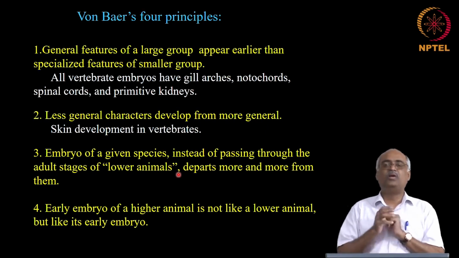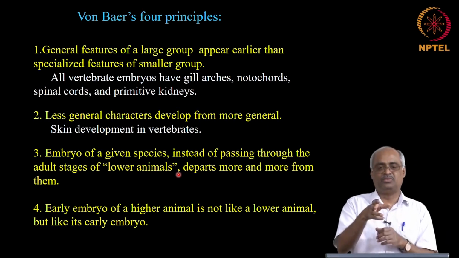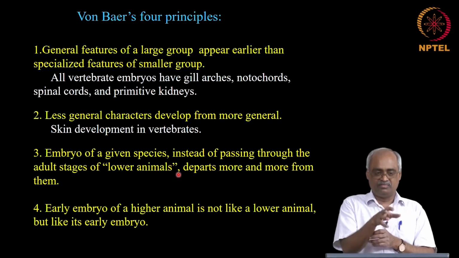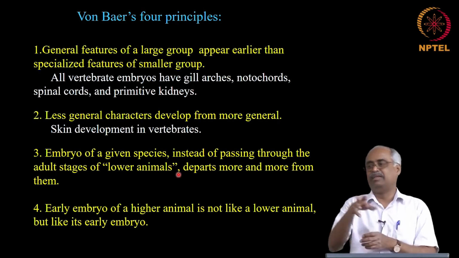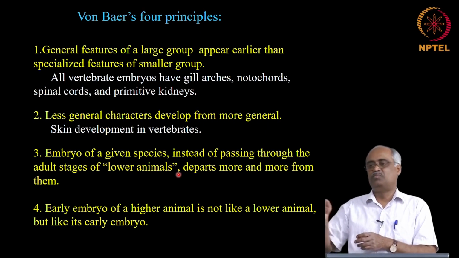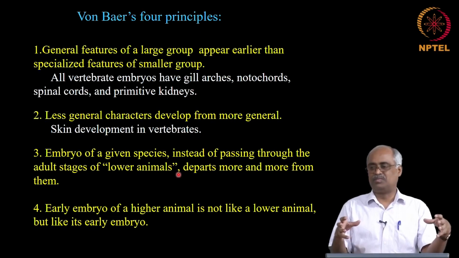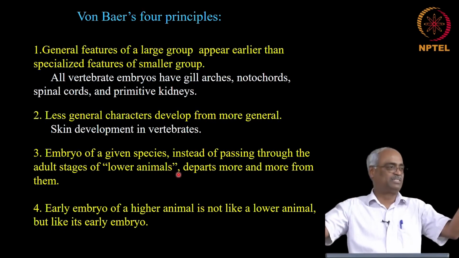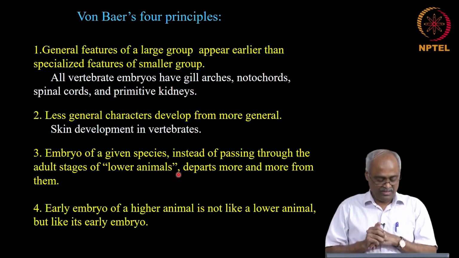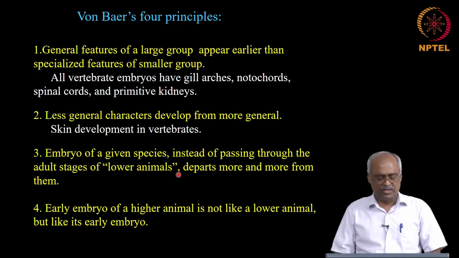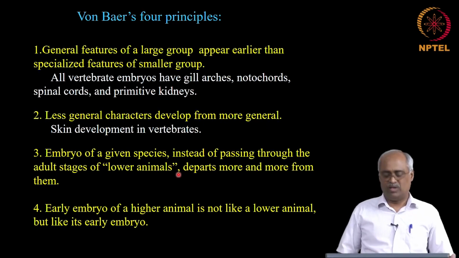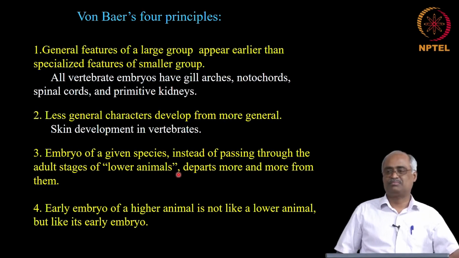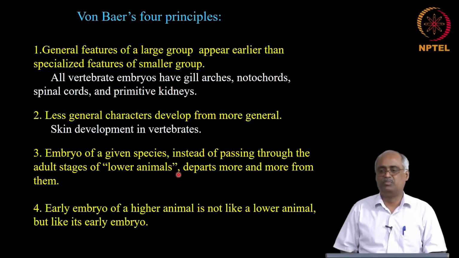Like you did not go through, as an embryo, the simpler anatomy of other mammals and then reach the human anatomy. So both the simpler one and the complex one start from a general feature, and from that you more and more specialize. Okay. So therefore the early embryo of a higher animal is not like a lower animal, but it is like the early embryo of that lower animal. So this is the main point of von Baer's principle.